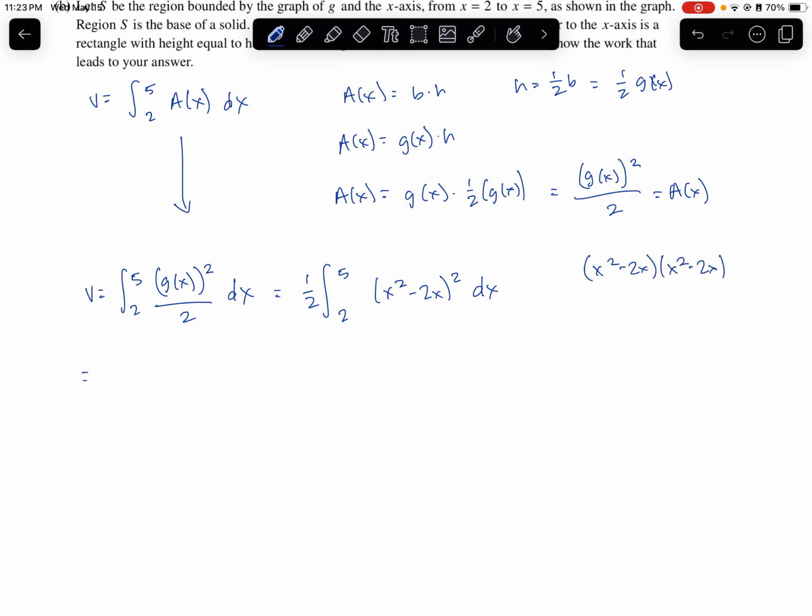If I FOIL this out, I'll get x to the 4th minus 2x cubed minus 2x cubed plus 4x squared. So I get x to the 4th minus 4x cubed plus 4x squared. So 1/2 of the integral from 2 to 5 of x to the 4th minus 4x cubed plus 4x squared dx.